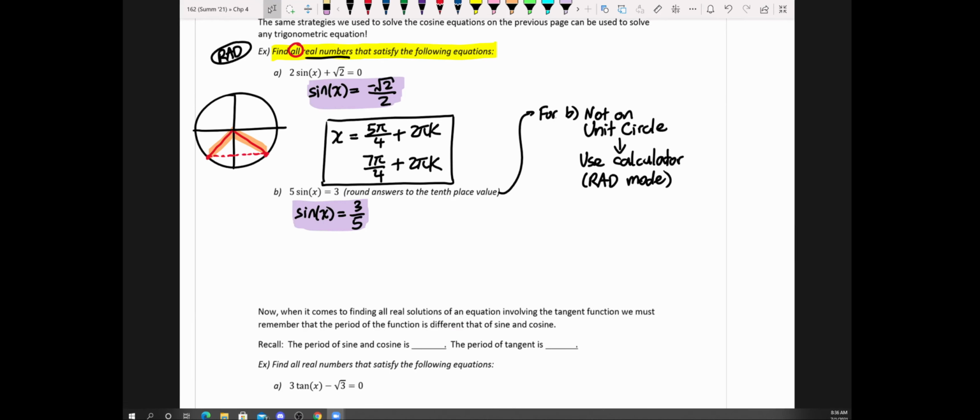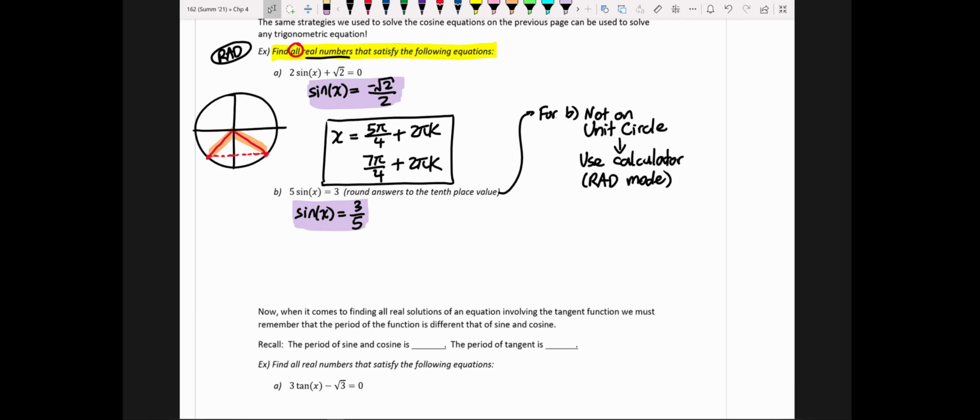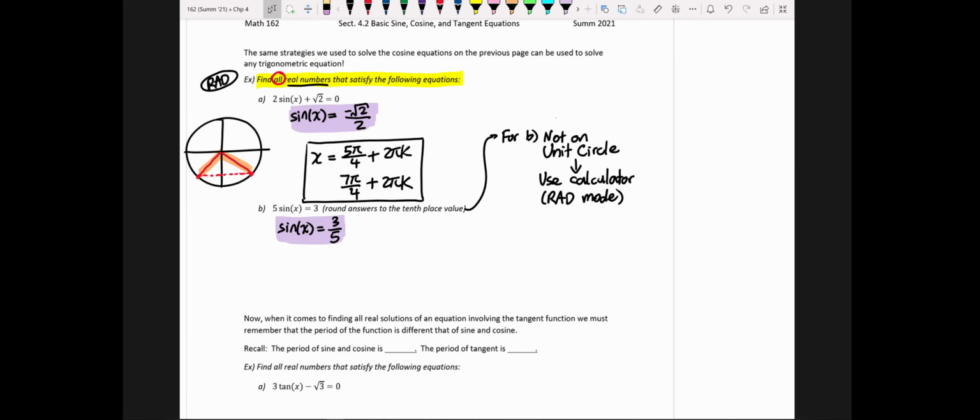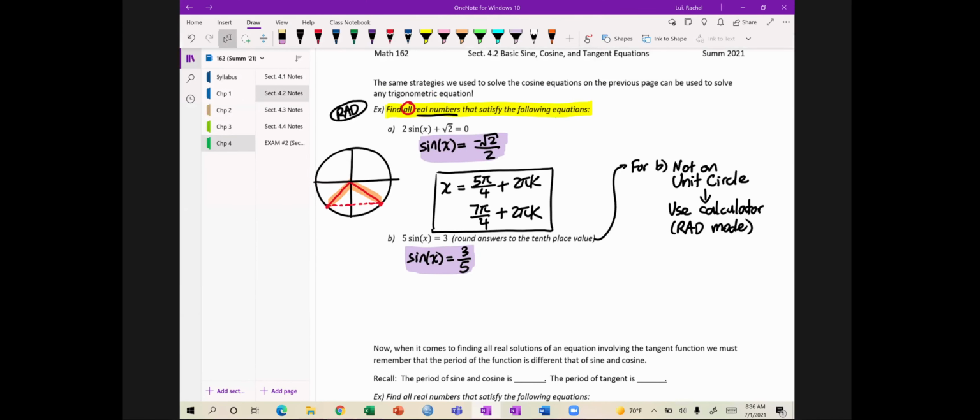Radian mode would mean when you type in sine of pi, you get 0. So let me try that in mine. Sine of pi, I get 0, which confirms I'm in radian mode. So type in an R in the chat to indicate you're in radian mode. Great.